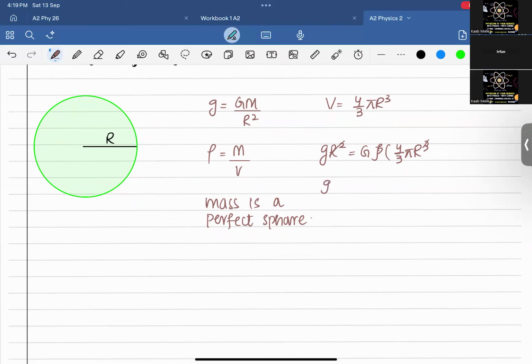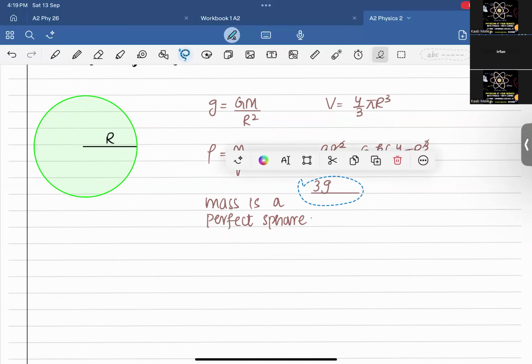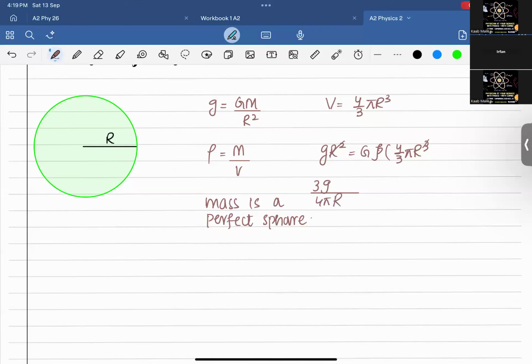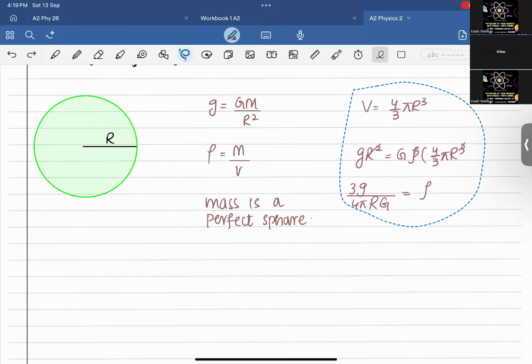So rho is equal to 3 g over 4 pi r and capital G, right? Is that clear? Perfect.